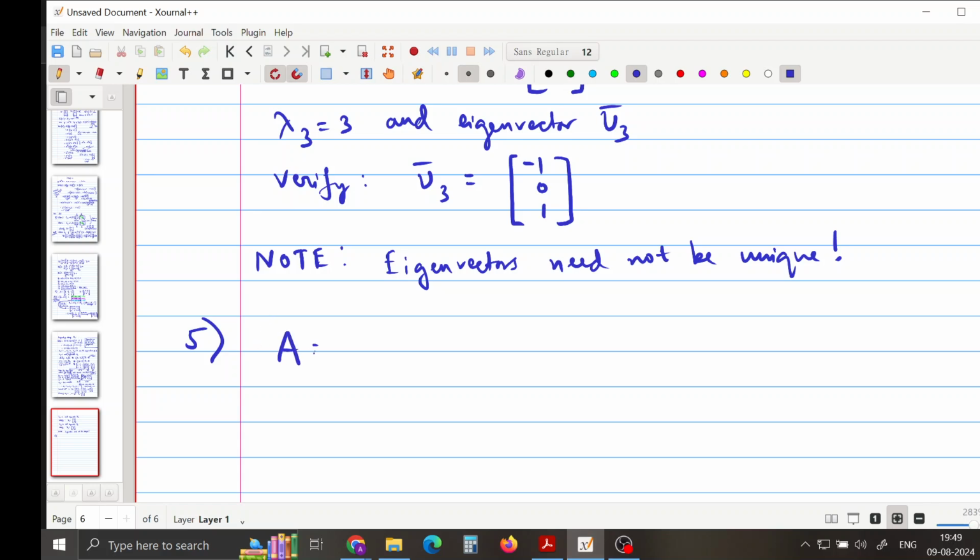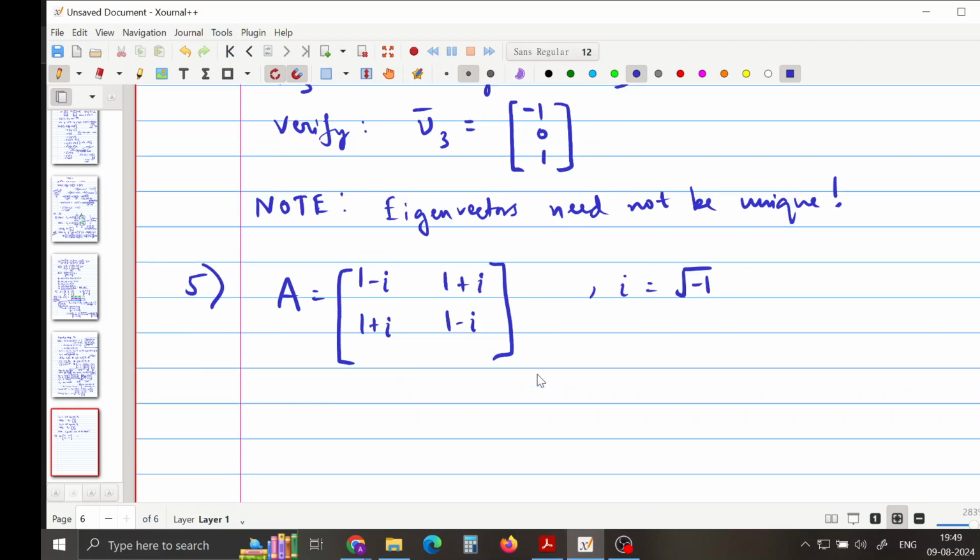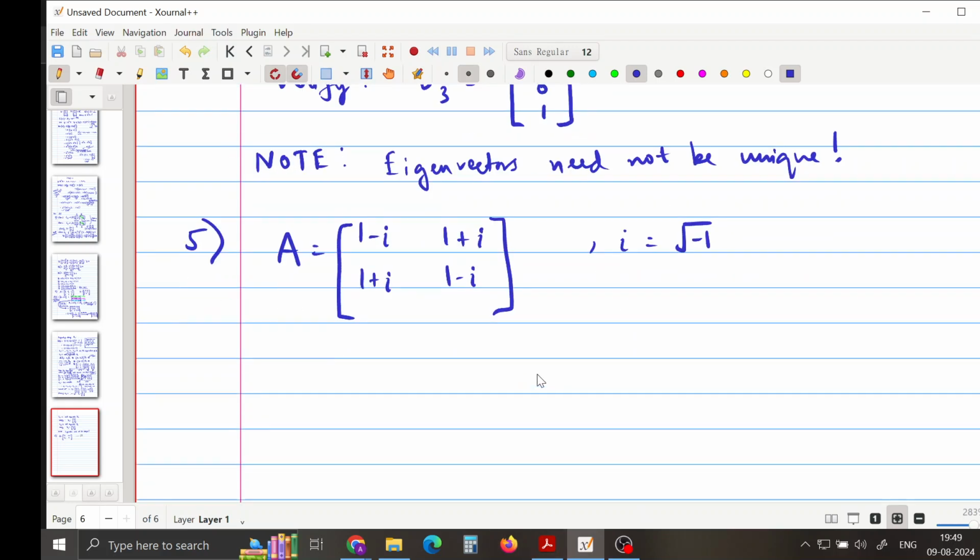A is given as 1 minus iota, 1 plus iota, 1 plus iota, 1 minus iota. Here, iota is basically the square root of minus 1. Alpha is a scalar that you have to find, and you're given that alpha times A is unitary.